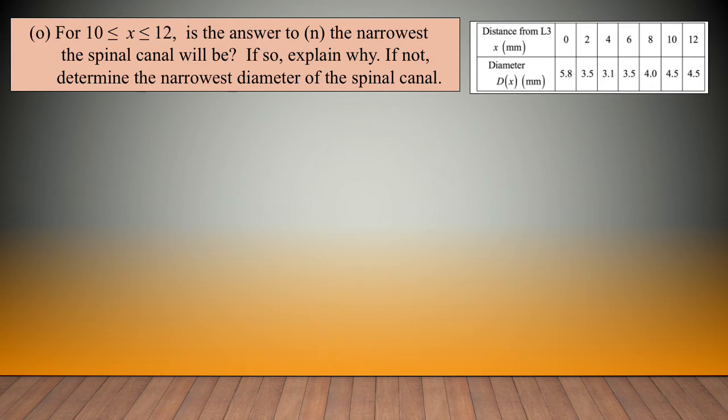Part O reads, for x between 10 and 12, is the answer to part N the narrowest the spinal canal will be? If so, explain why, and if not, determine the narrowest diameter of the spinal canal.